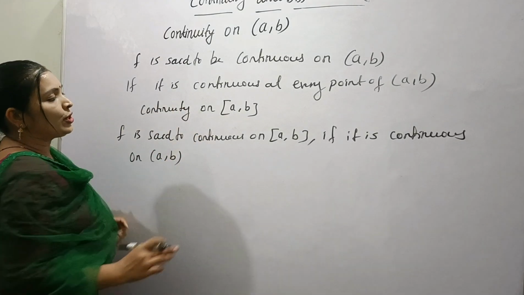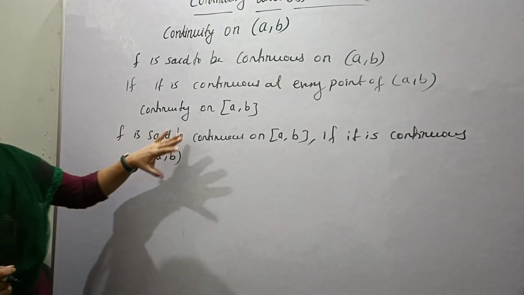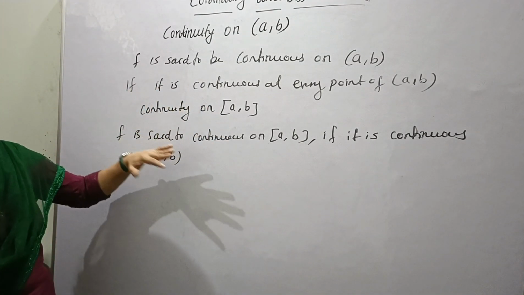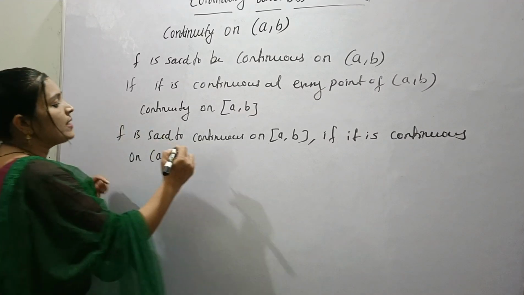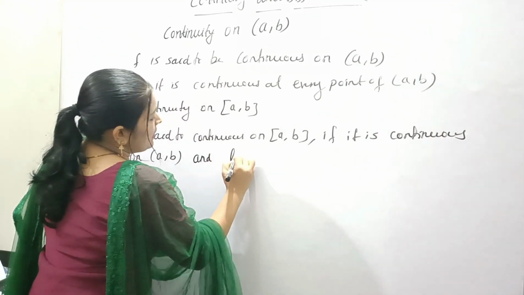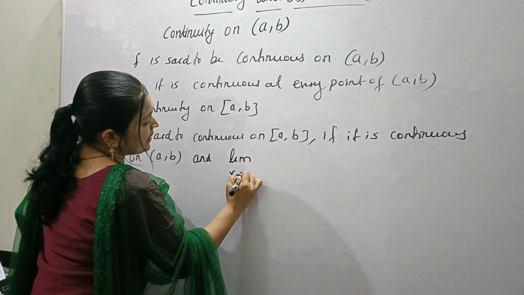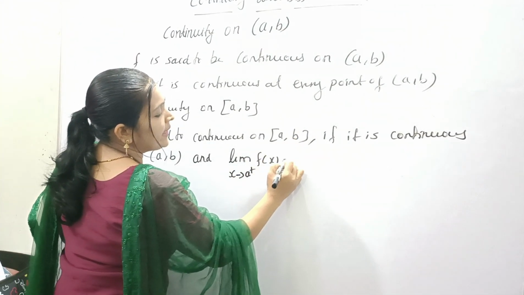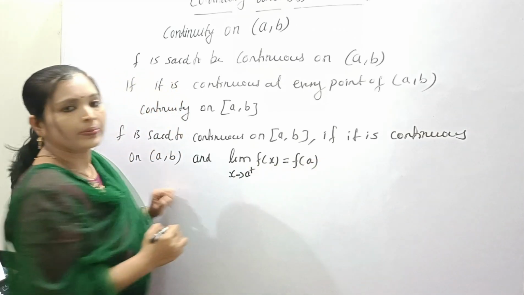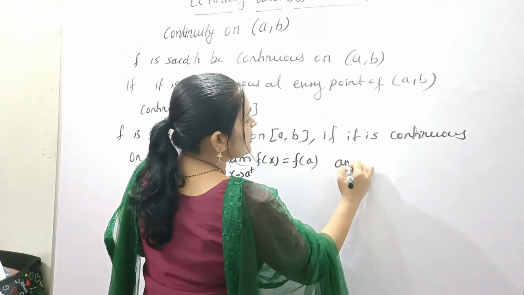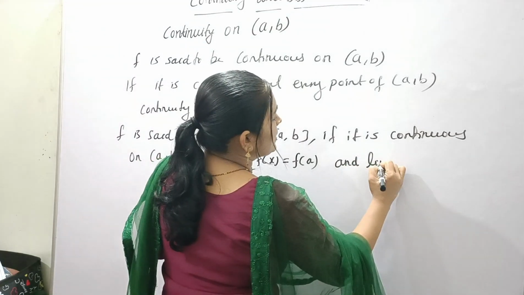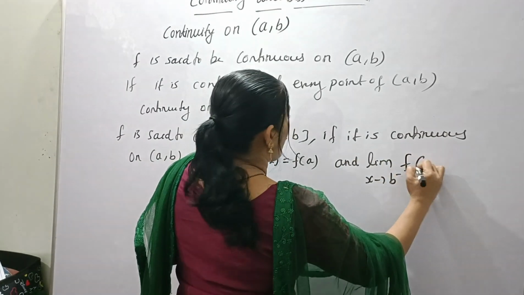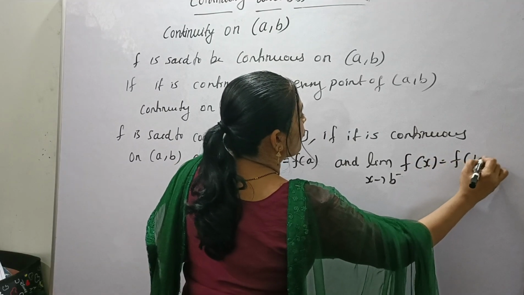So continuity on closed interval AB: f is said to be continuous on closed interval AB if it is continuous on open interval AB and limit x tends to a plus f of x is equal to f of a, and limit x tends to b minus f of x is equal to f of b.